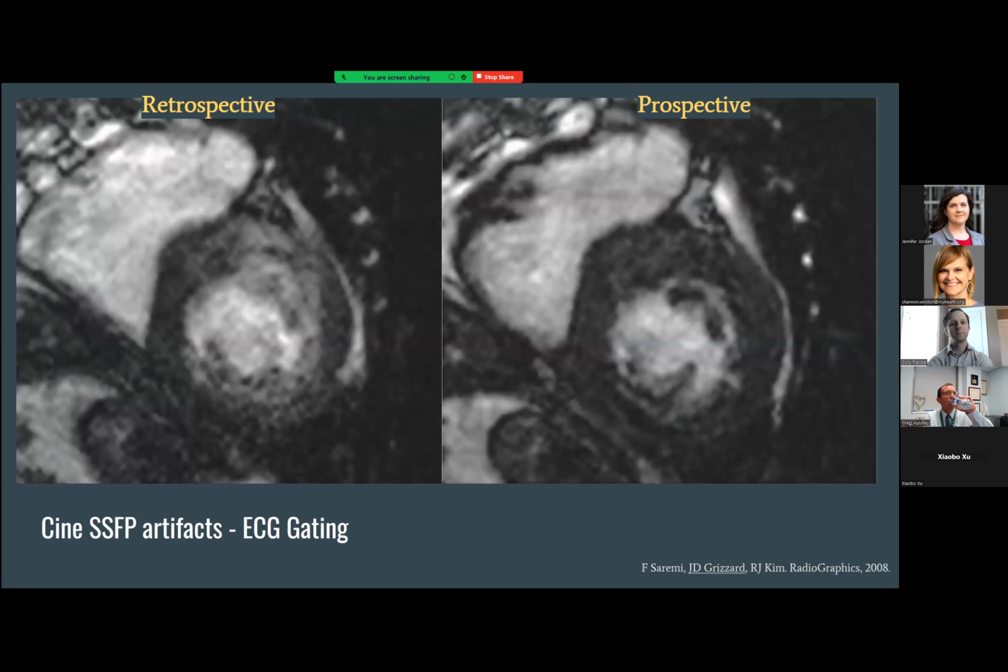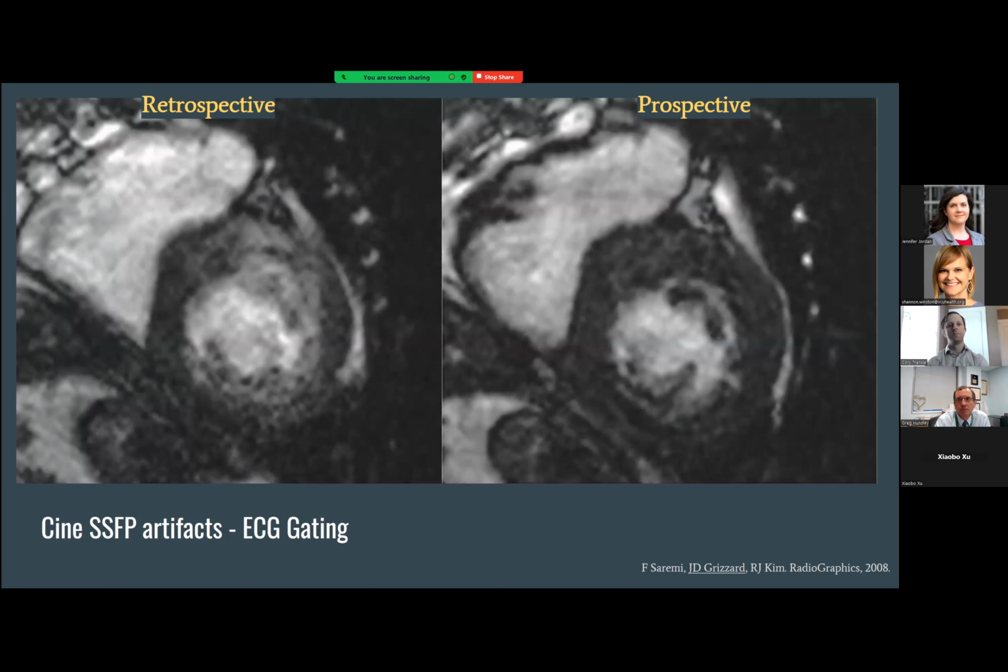So here we have a classic example of an artifact we have to deal with a lot, which is the ECG gating issue. On the images presented here, we have SSFP cines. The image on the left is acquired with retrospective ECG gating, and the image on the right is acquired with prospective ECG gating.